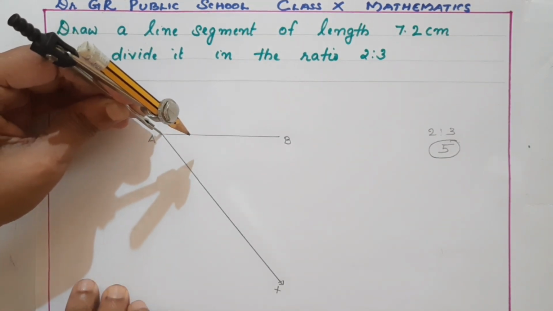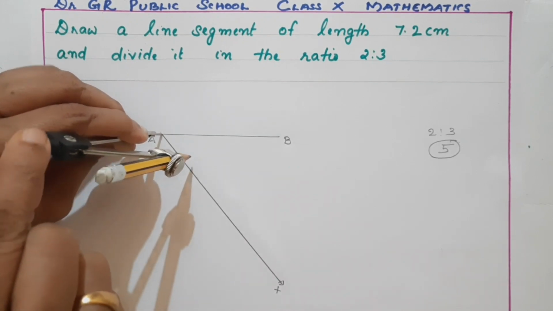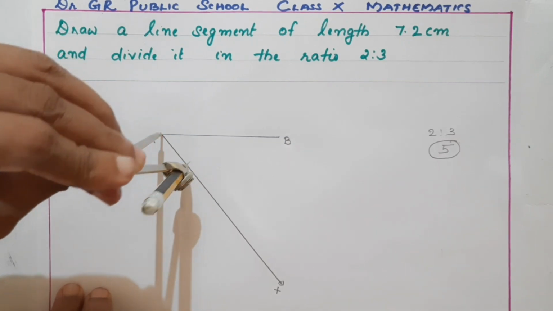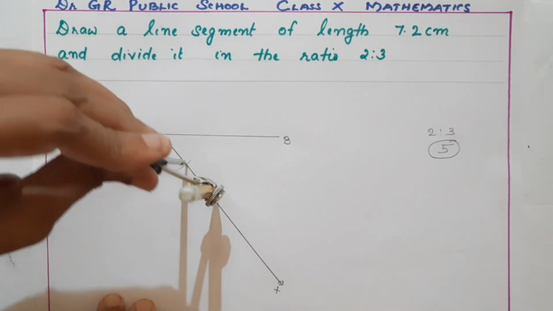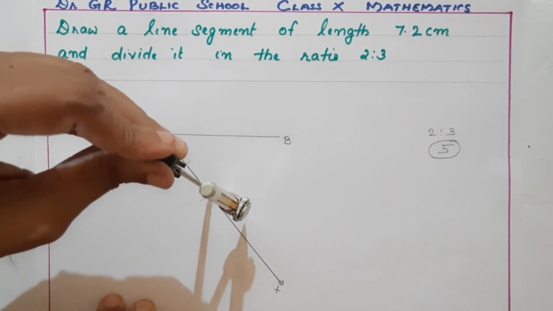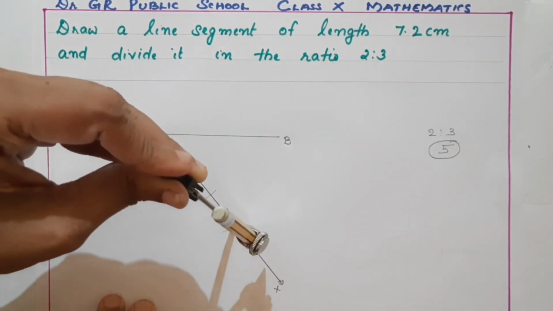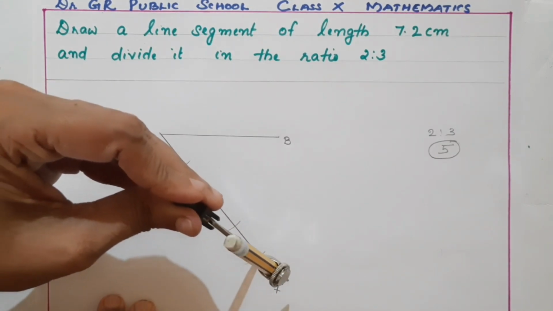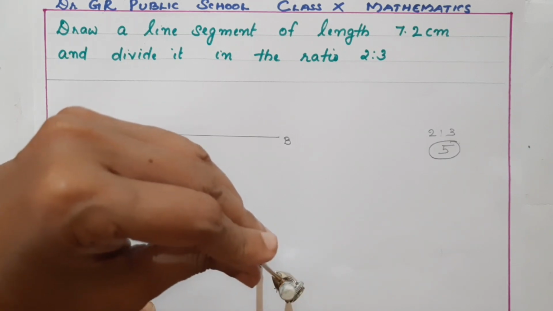Then we have to start from A. Okay, from A. One point, 2, then 3, then 4, then 5. Can we make fifth point?